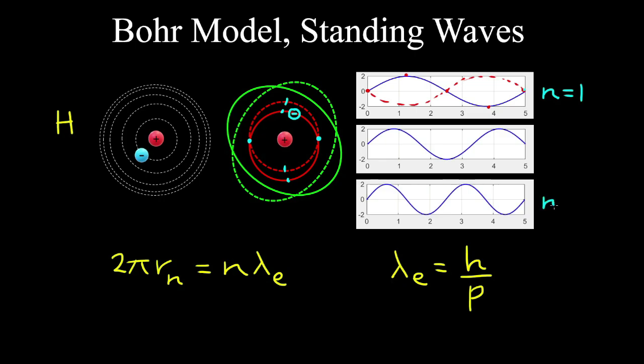And for the orbit n equals 2, we have 2 waves wrapped together. So 5 nodes become 4 nodes where there's no motion. So from the first node to the next one, we have a peak, and to the next node we have a valley, and to the next node we have a peak, and to the next node we have another valley.